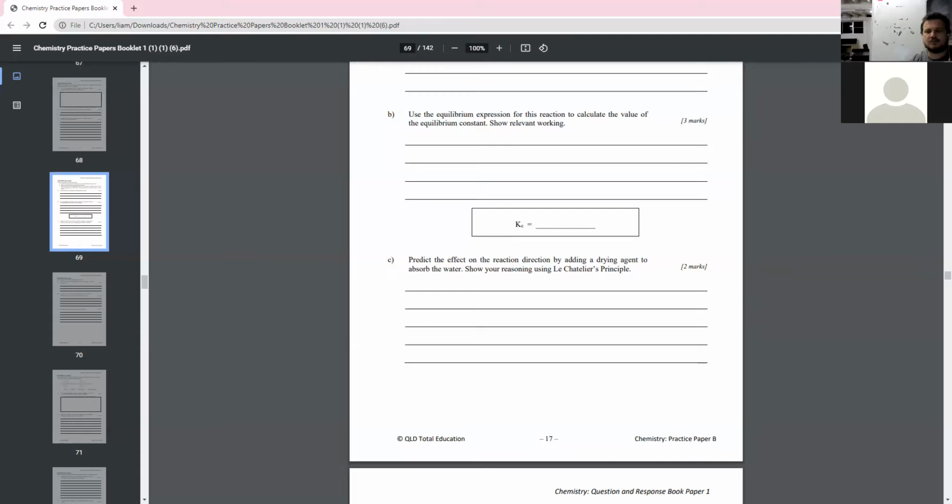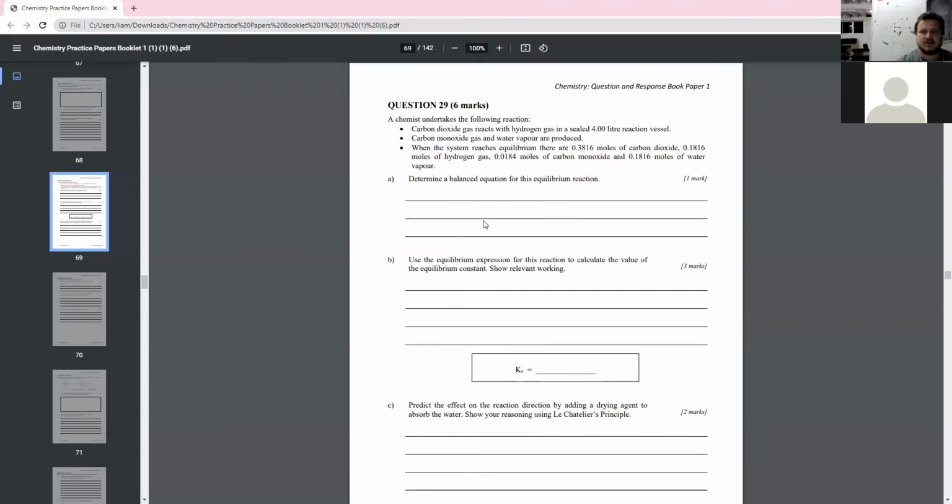All right, so if we add a drying agent to this reaction, what we're doing is removing water. Now, water is a product in this reaction. So what effect will removing a product have on the direction of the equilibrium?